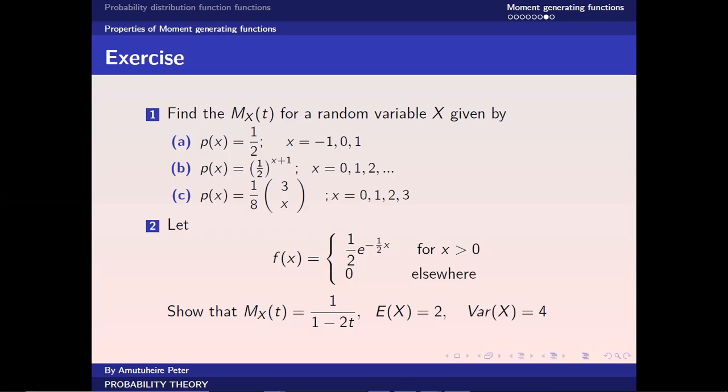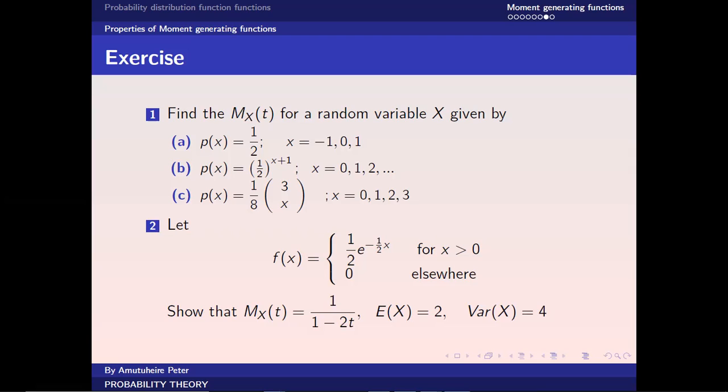So this gives me a half times 1 plus e^(-t) plus e^t. When I open brackets, I get a half plus a half e^t plus a half e^(-t). So this alone is the moment generating function, and that's what we have been asked.